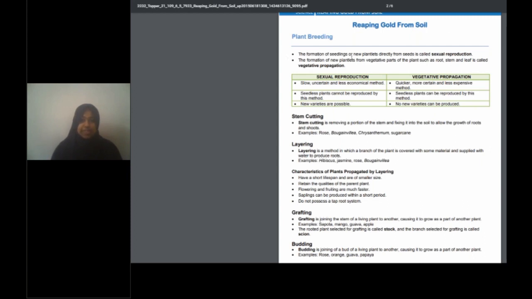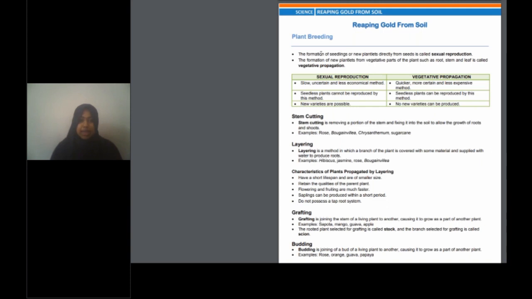The formation of seedlings or new plantlets directly from seeds is called sexual reproduction. That is, when a plant is grown from its seed, it is known as sexual reproduction.